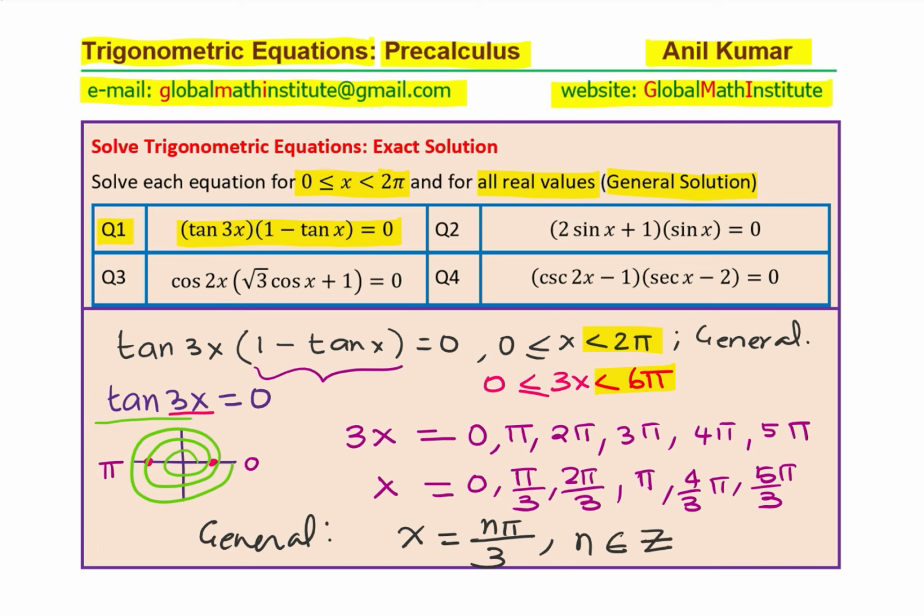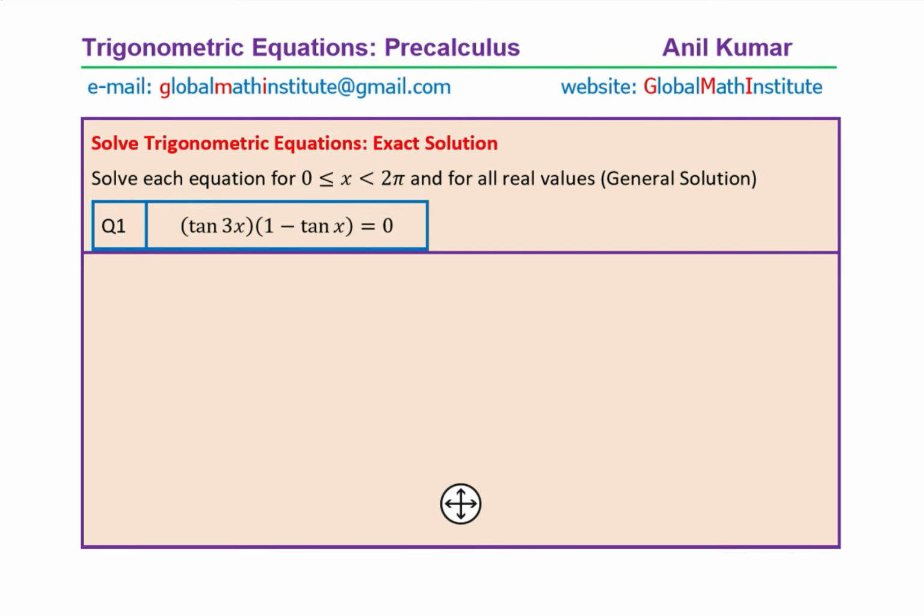Do you see that? So I'm just writing part solution. This is for tan 3x, and now in the next page I'll take up what is 1 minus tan x. And when is that 0, right? So once again, let's continue with this. We have tan of 3x times 1 minus tan x equals 0.